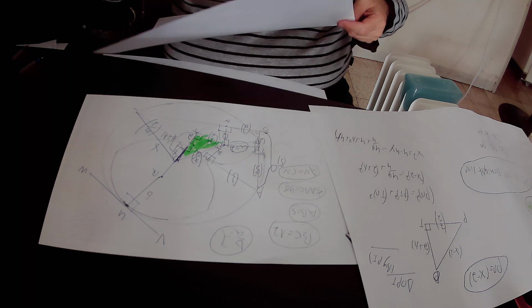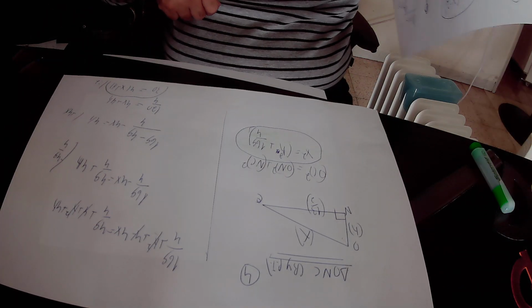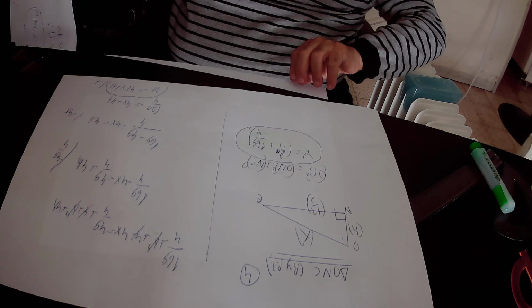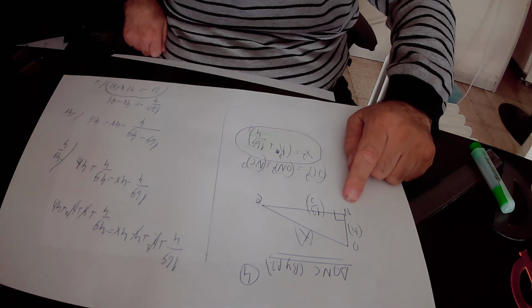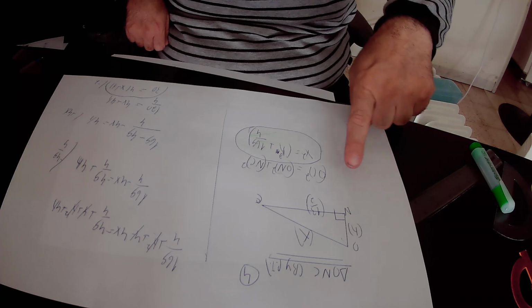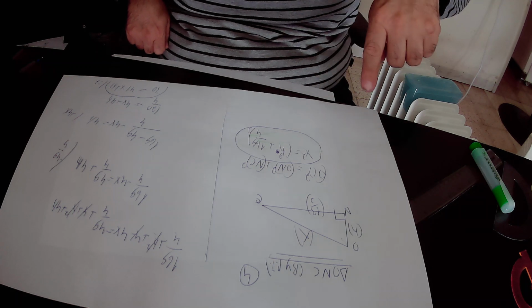So I copied the right triangle ONC on a new page and applied the Pythagoras theorem to the right triangle ONC. According to the Pythagoras theorem, OC square equals ON square plus NC square.